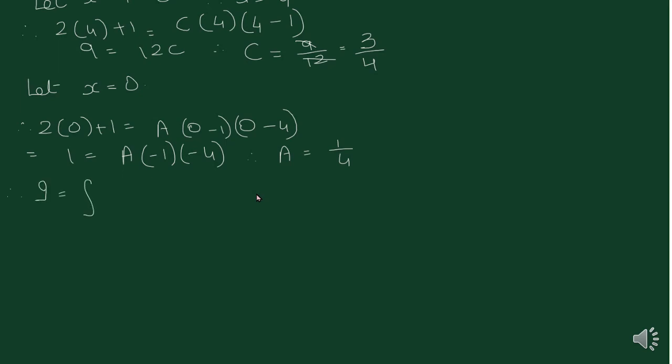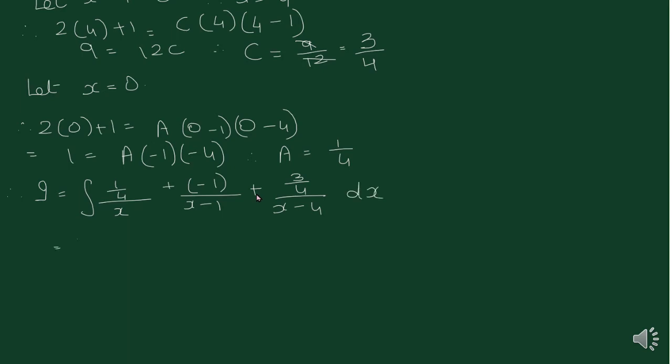So our integral becomes the integral of, now a is 1 upon 4, so we get 1 upon 4 upon x, minus, that is the b term is minus 1, so plus minus 1 upon x minus 1, and plus the c term, c is 3 upon 4, so 3 upon 4 upon x minus 4 dx.